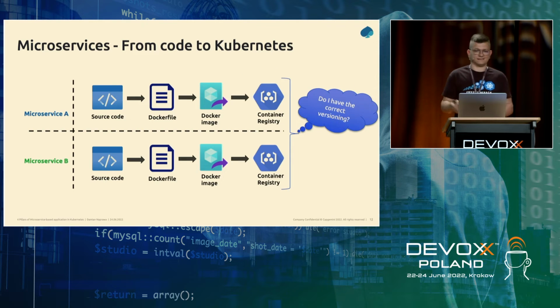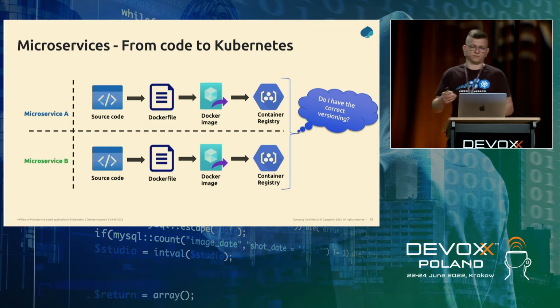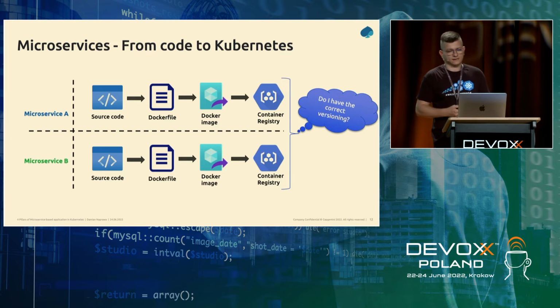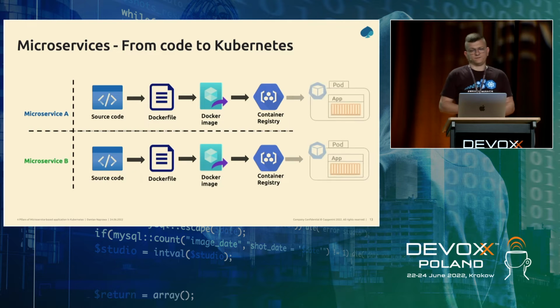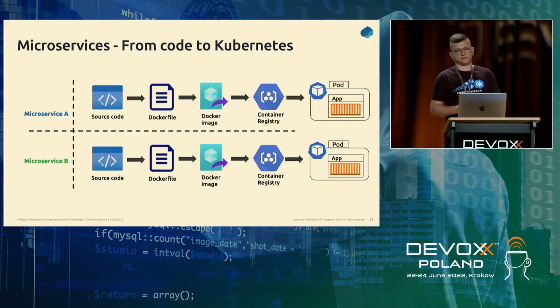Going to the next step of our road to Kubernetes, we need a place where we will be storing the images. As we do for non-containerized workloads, we also need to care about versioning of our Docker images. And finally, once we have those previous steps completed, we can think about deploying to Kubernetes.